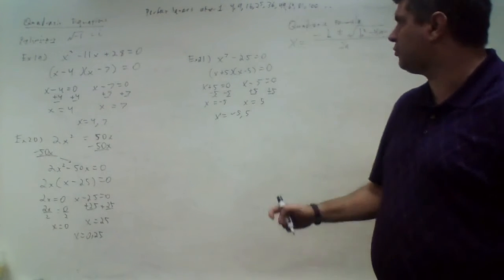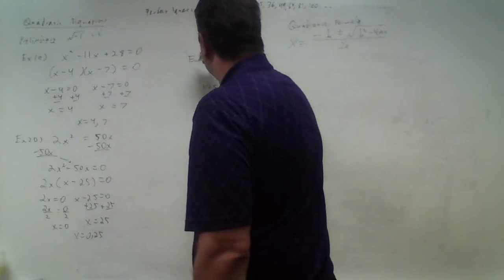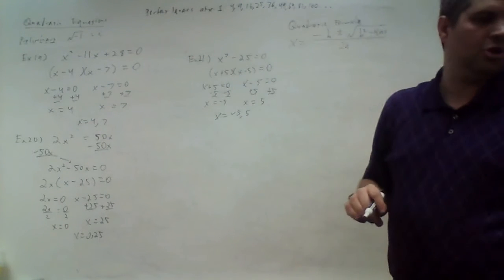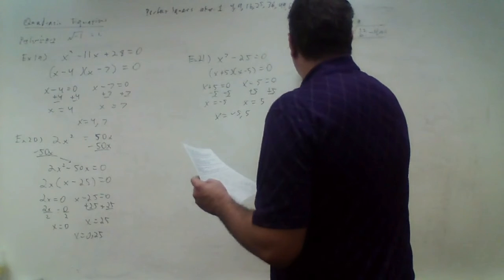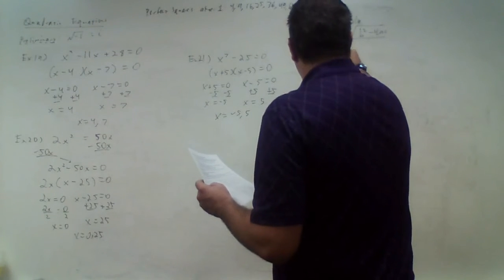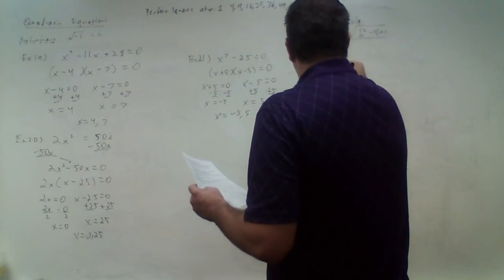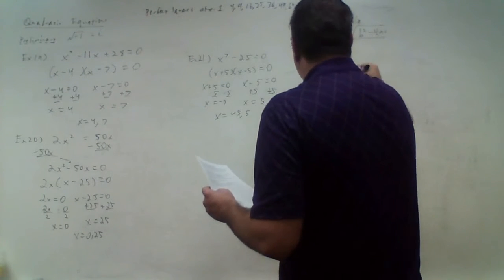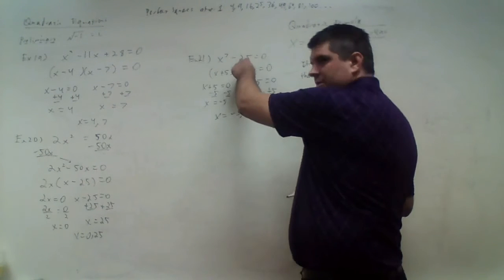So that's example 21 using factoring. Okay? You could also have used the square root property. If x squared equals k, then x equals plus or minus the square root of that k. So that would work here too. You got x squared and a constant.